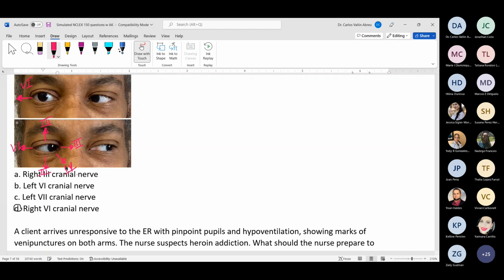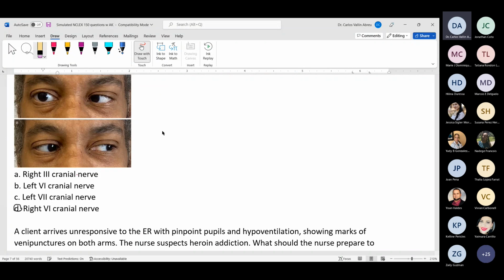But I think it is not so important to know so many. For test purposes, understand that the one that makes the abduction of the eyeball is the sixth, because it is the one most frequently affected and tested. This is a very long nerve, and for that reason is the most commonly affected by neuritis, tumors or increased pressure.